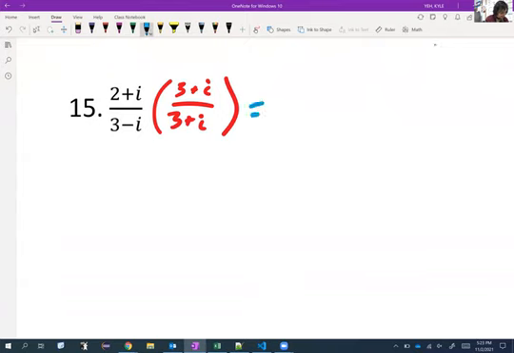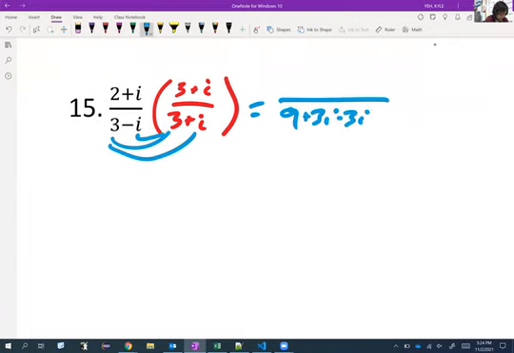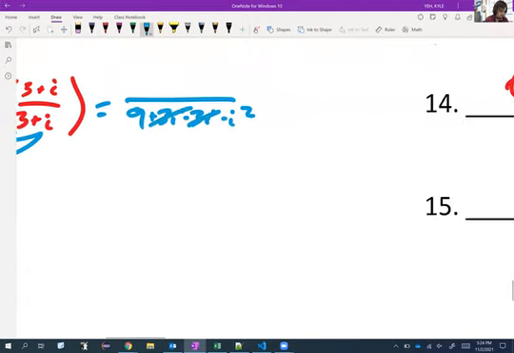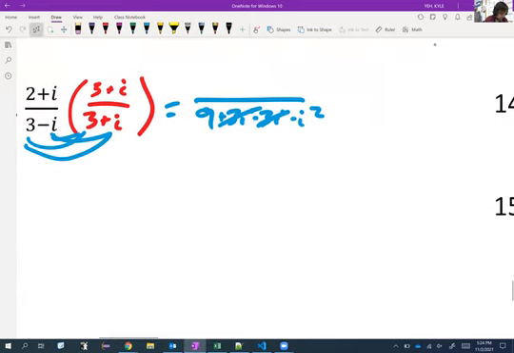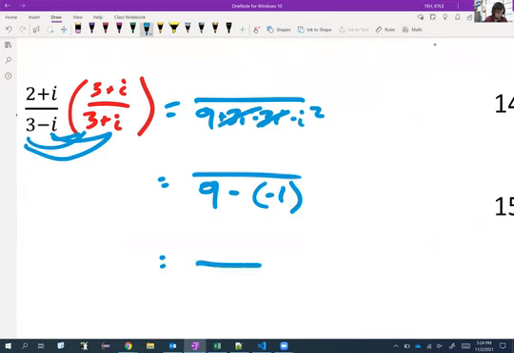Because let's see what happens on bottom. 9 plus 3i minus 3i minus i squared. 3i and 3i are gone. We get 9 minus i squared, which we know is actually 9 minus negative 1 because we know that i squared is negative 1. We get 10 on bottom.